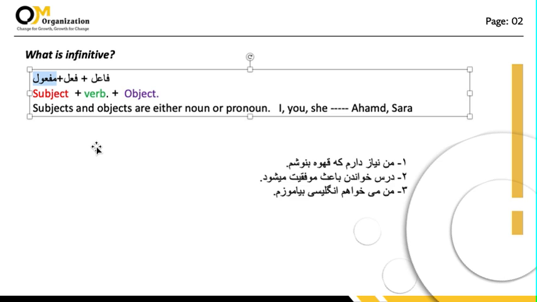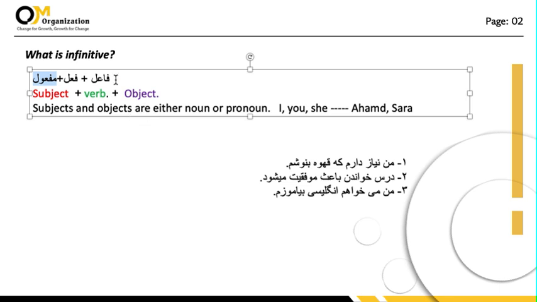For example, I say I write on the board. I is the subject, write is the verb, and on the board is the object. I is کننده کار, write means نوشتن, the action, and the object, on the board, is گیرنده عمل.